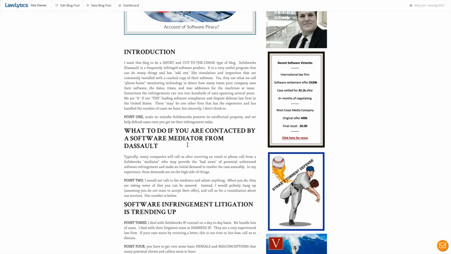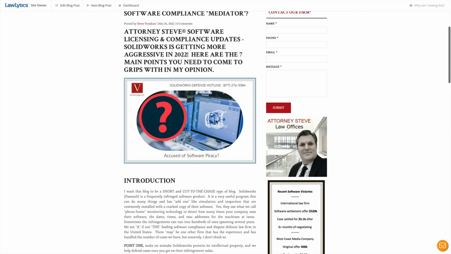Sometimes we'll get what we call a usage report or infringement report that's 10, 20 uses. Sometimes it's a couple hundred, and so your case can depend on that, your settlement case. So number 1, SolidWorks is in the game. They are enforcing their rights, and so we have handled literally, I think, probably a couple hundred of these cases, okay? So it's quite a few cases, and that's point 1.